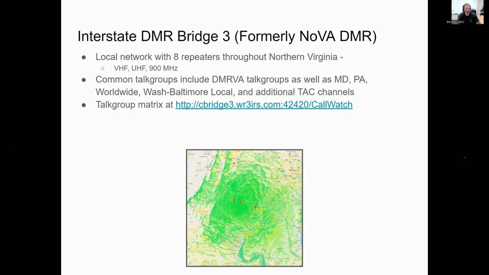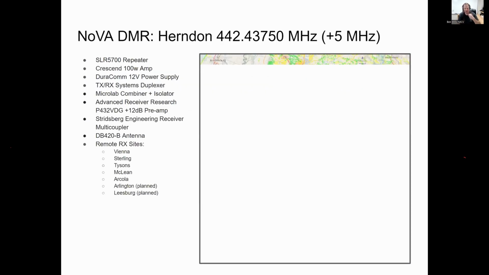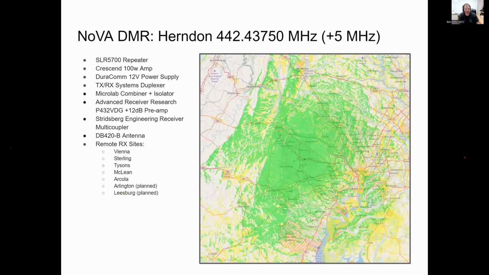So the repeaters carry a lot more talk groups, and they have some more linking capabilities. One of the other things we're working on, we've changed over the talk group formerly known as Nova Local. We've turned it into DC Regional because of Interstate; we are sort of the DC, Maryland, Virginia, Delaware area local channel. The details remain the same at Herndon.